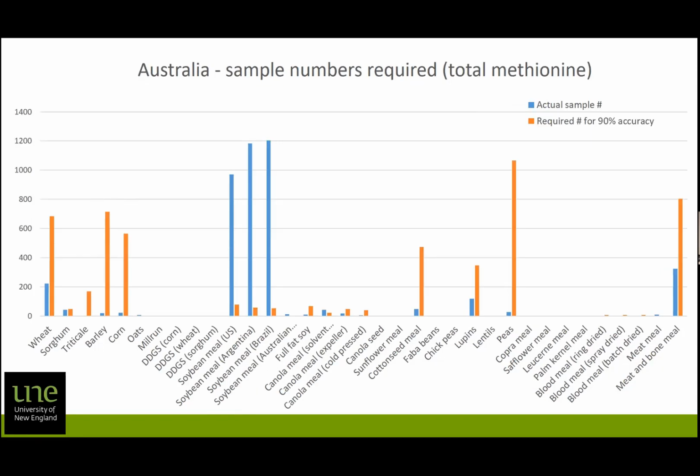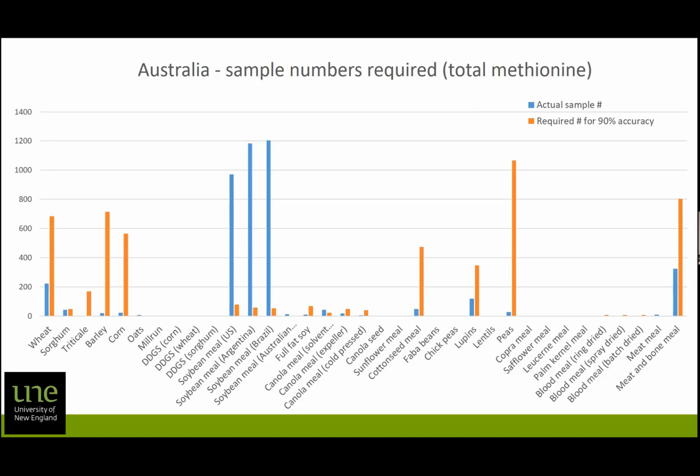But of course, nutritionists don't formulate diets to crude protein, they formulate diets to amino acids. And crude protein is a much easier nutrient to determine and to analyze, so it's something that has a lot higher sample numbers.